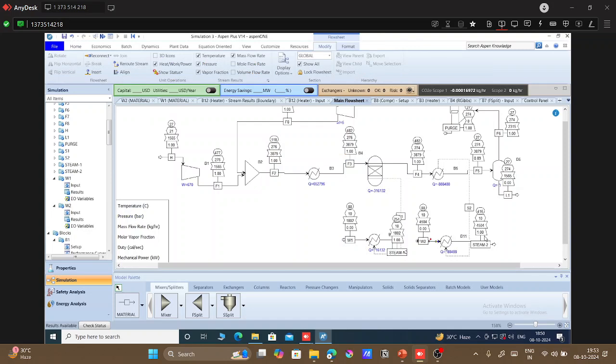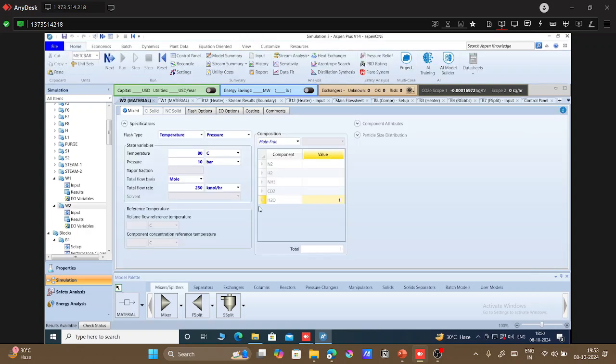So we have a steam, but temperature value is still high, 416 degrees centigrade. So that means there might be crossover happening. To avoid that, let's try to further increase the flow rate with 300 kilomole per hour and see the results.